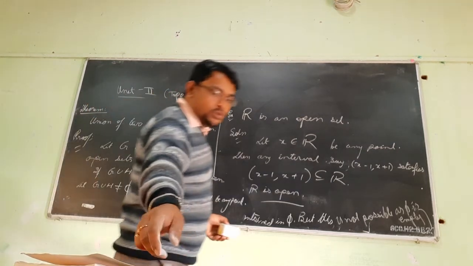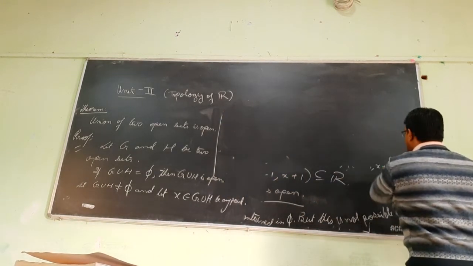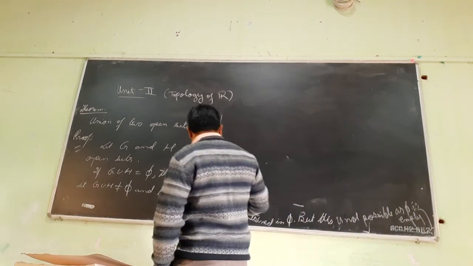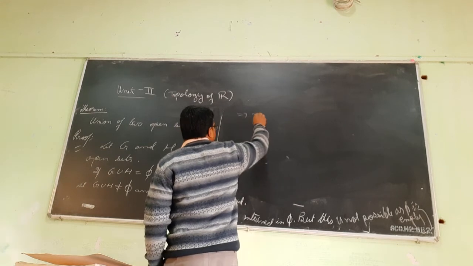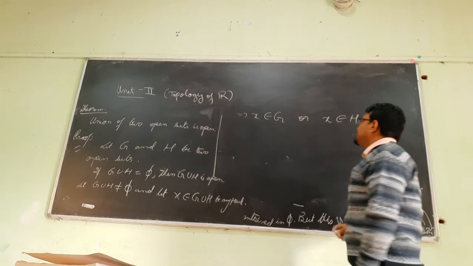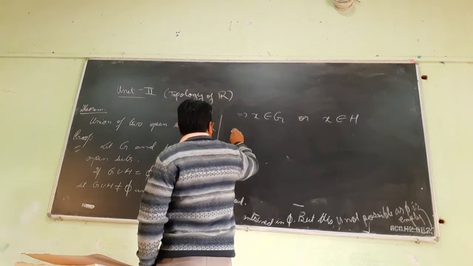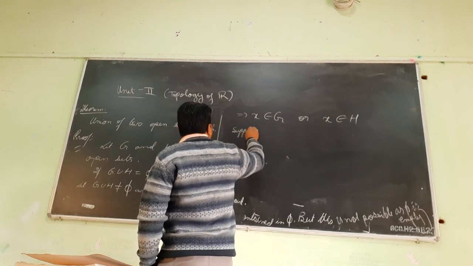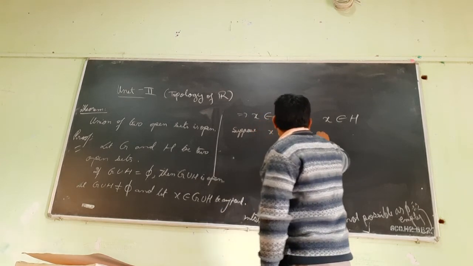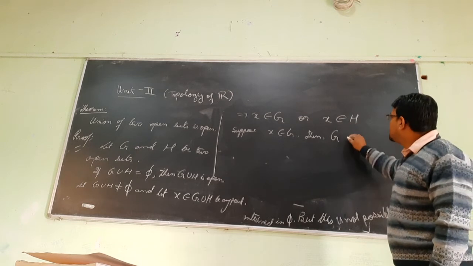Okay, so how will you do this? Let x belong to G union H be any element. Then if x is in G union H, this will imply x is either in G or x is in H. So x is there in one of the sets. Suppose x is in G. Then what happens? G is already open. It is given that G is open.